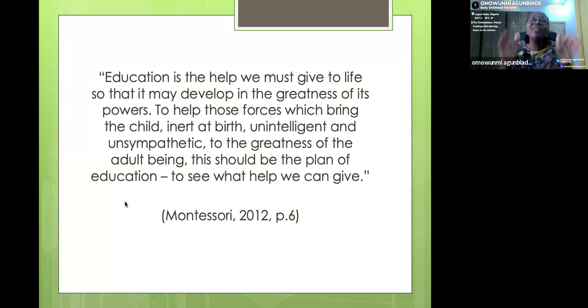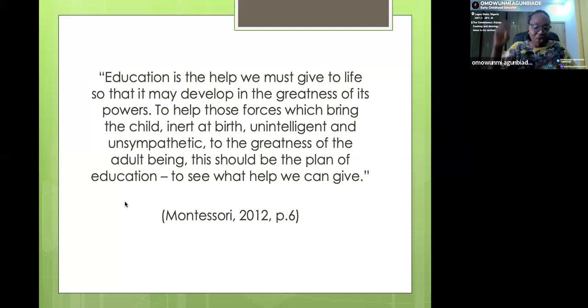But everything now depends on what the environment is given to each child per time, per the different stages. So that's why you find that a child that is educated in a particular community, a particular culture, can now be different from another child in another community, in another culture. The difference is just the exposure or the environment that the child is growing in.